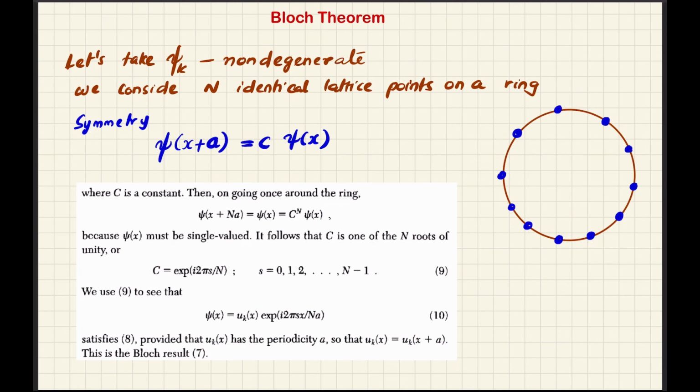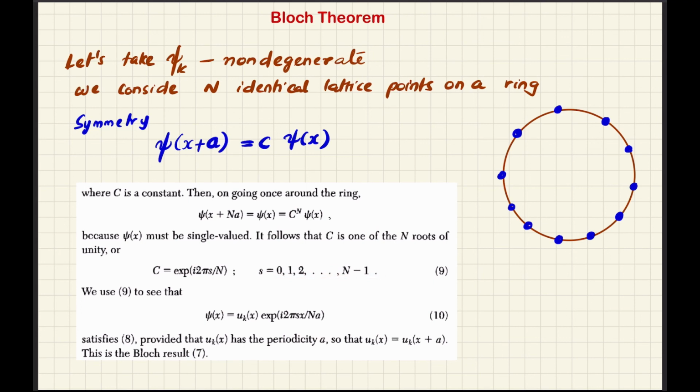So this equation must be obeyed. Then you can cancel psi of x, and c is basically the Nth root of unity, the Nth root of 1, which can be written like this, where s is given by 0, 1, etc. up to N minus 1.